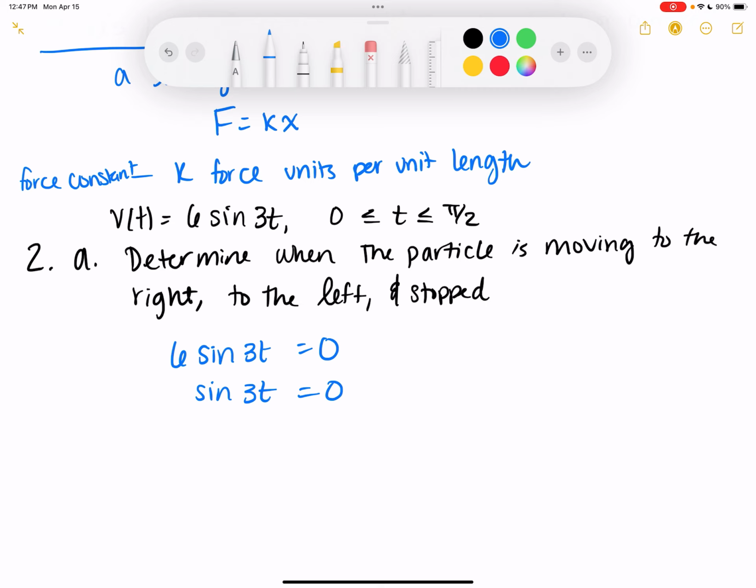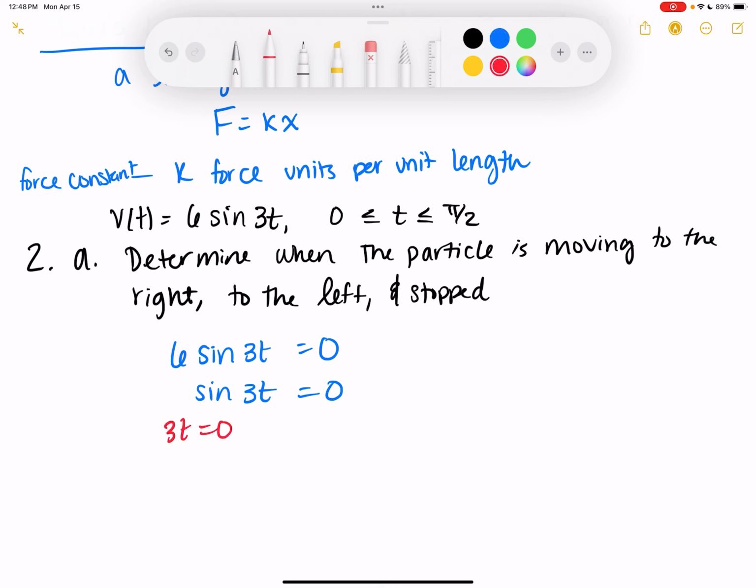That would be 1. That's the y value. When the angle value is 0. So what does that mean for this specific problem? What has to be equal to 0 for the angle to be 0? 3t would have to be equal to 0. So I can eliminate sine altogether and say 3t is equal to 0.